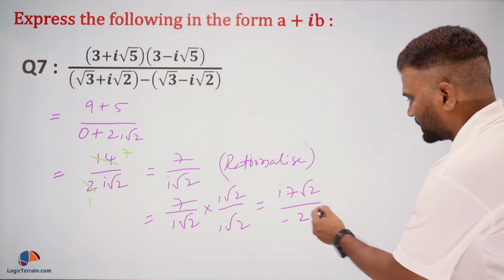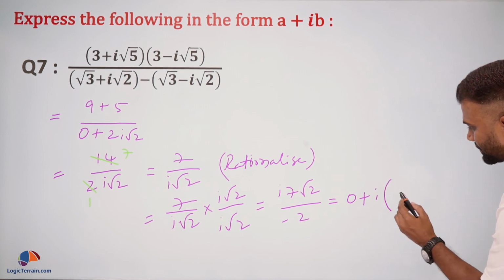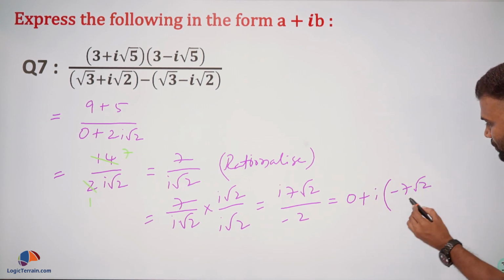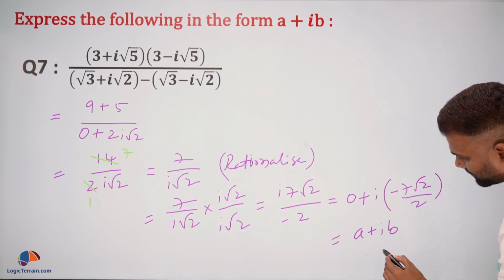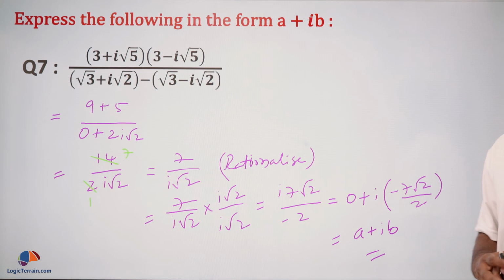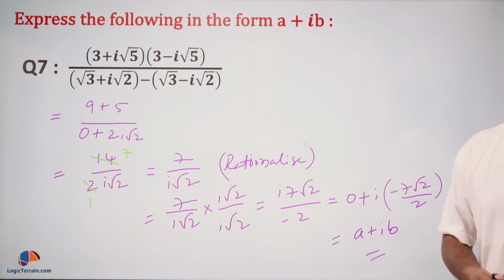And further this is equal to 0 plus i of negative 7 square root 2 upon 2, which is nothing but a plus ib form. So here a is 0, which means we got a purely imaginary complex number.